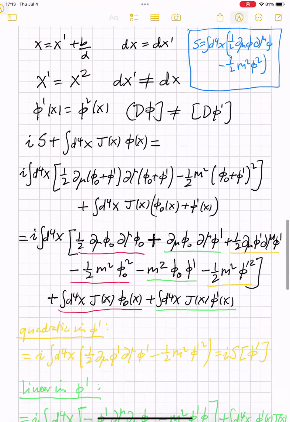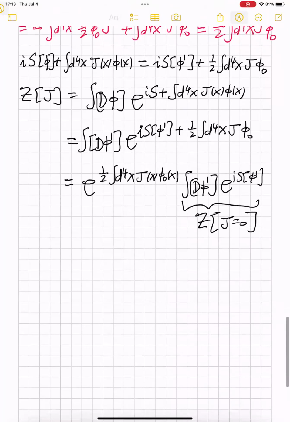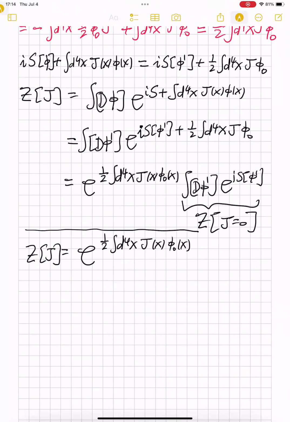So now, finally, we learn that z of j is equal to e to the 1/2 integral d4x j of x phi naught of x. That's z of j. And we have evaluated the path integral. So this is really very nice. And go back and study this computation. We absolutely recycled the logic of our one-dimensional integral. We've done nothing different.